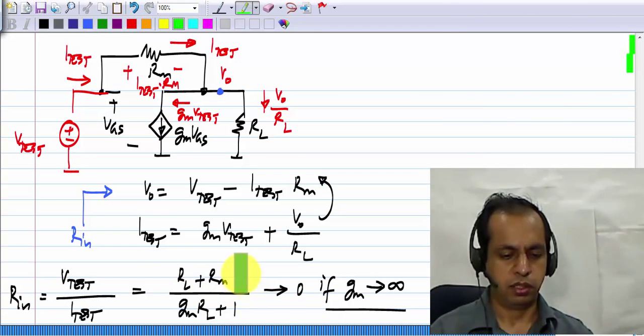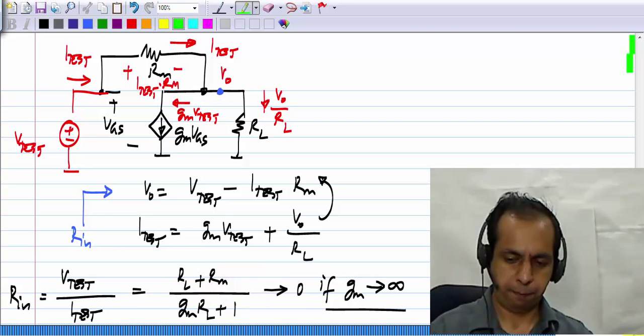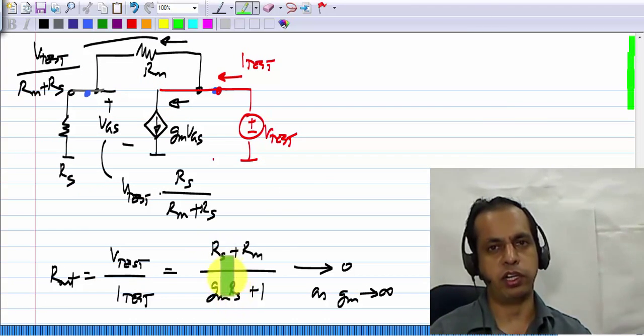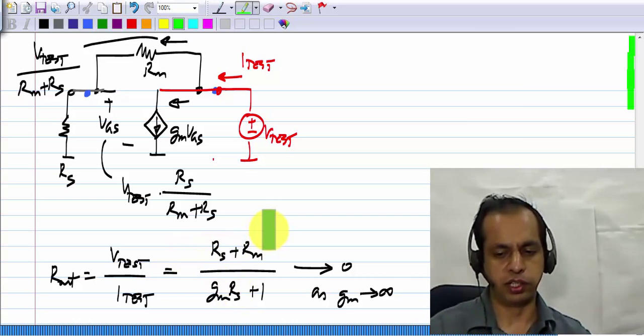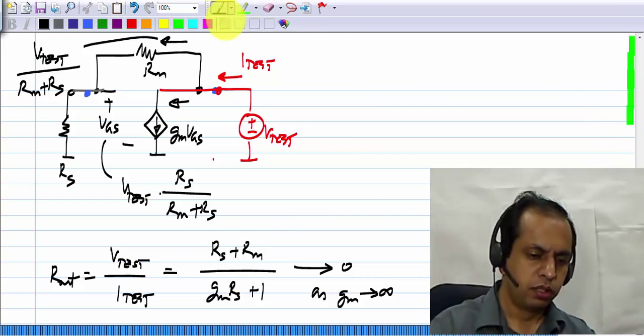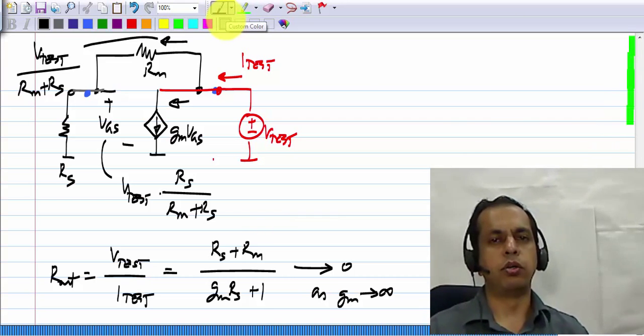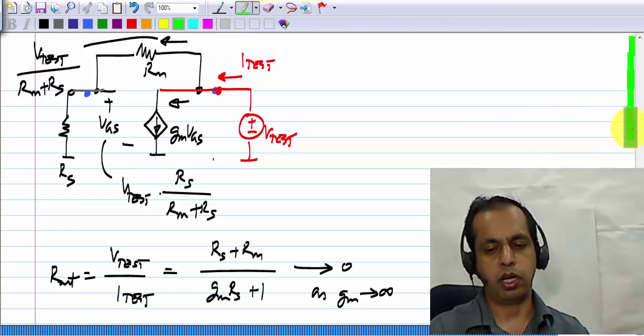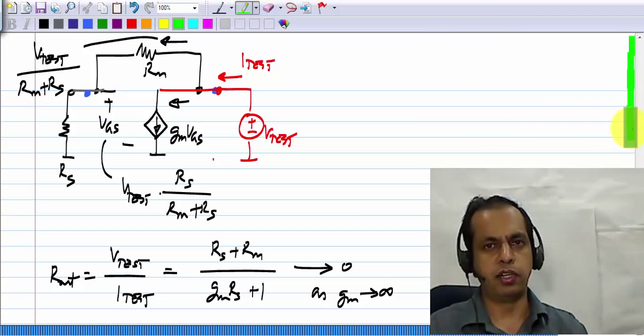They are quite similar. Wherever we have Rs in this case, we have RL in the other case. So our current controlled voltage source does give you a small input resistance and a small output resistance as desired, provided that the value of GM is very large.